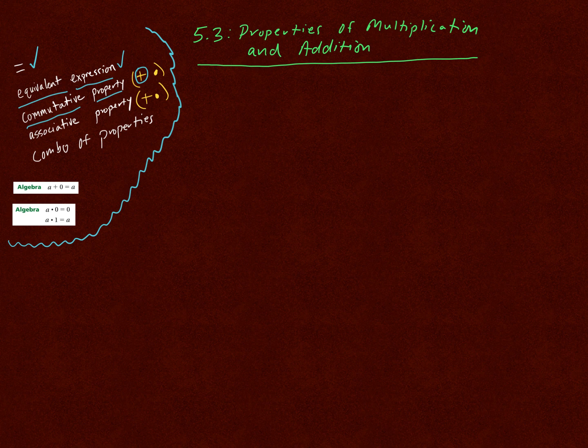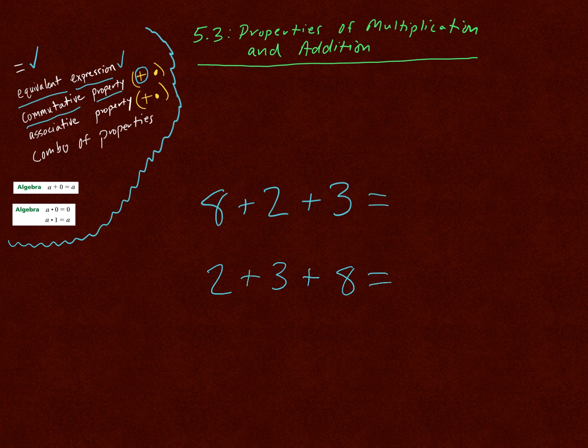So if I have 8 plus 2 plus 3, commutative property means that I can move the numbers around and it won't change what the answer is. So this is exactly the same as what I mentioned a minute ago. So if I move any of these numbers around, if I put 8 at the end and 2 at the beginning and 3 in the middle, the answer will be the same, right? This would be 13 and this would be 13.